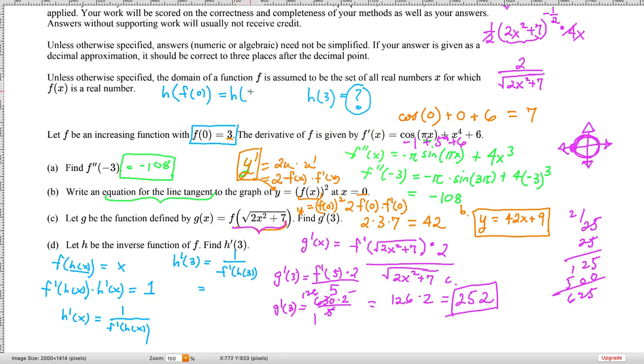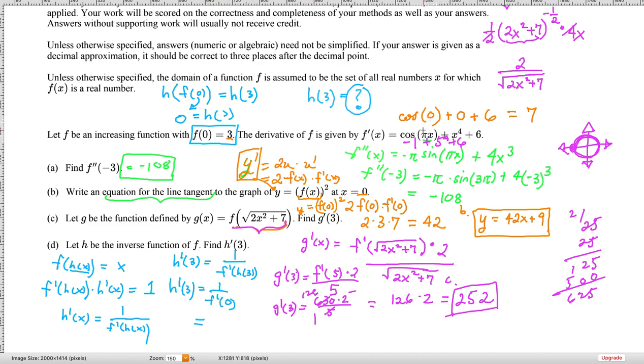if I apply h to f of 0 and 3 on both sides here, these two things are inverses of one another. So I just get 0 is equal to h of 3. And that's exactly what I have here, 1 over f prime of 0. And then I just need to find f prime of 0.